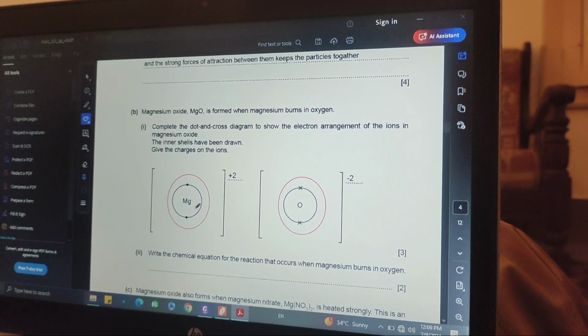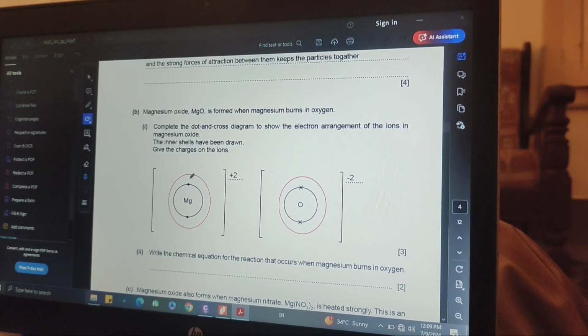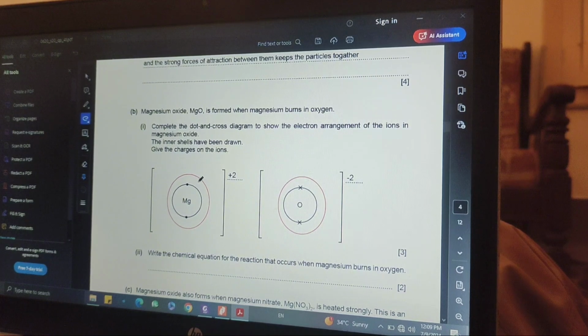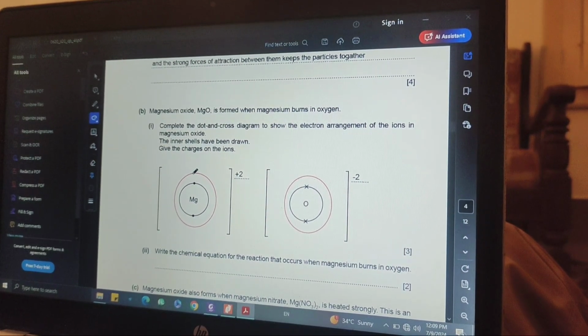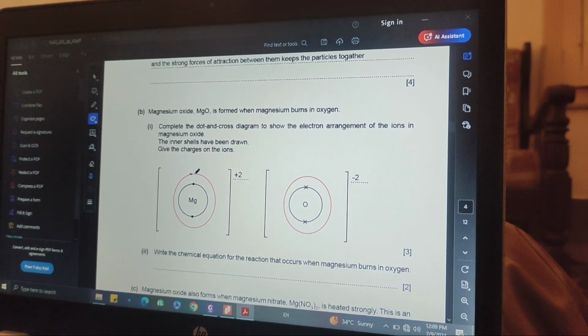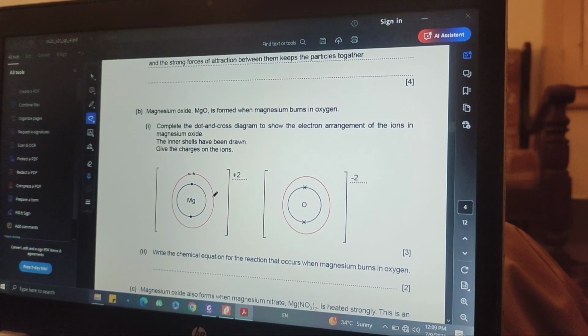The first shell has 2 electrons, and the second shell has 8 electrons. The first shells are given in dot form, so we'll be drawing the dots here. And the second shell has 8 electrons in total.